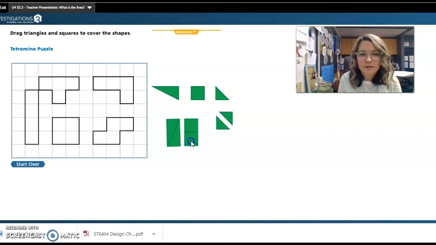Do you see that? So the measurement of this larger triangle is 1 square unit. So the larger triangle is 1 square unit. This square is 1 square unit. And the smaller triangle is 1/2 square unit. So think about those measurements as you are covering the puzzles on pages 239 and 240. Okay? All right, guys, I'm excited for you to complete this activity so we can talk about it in the next video.